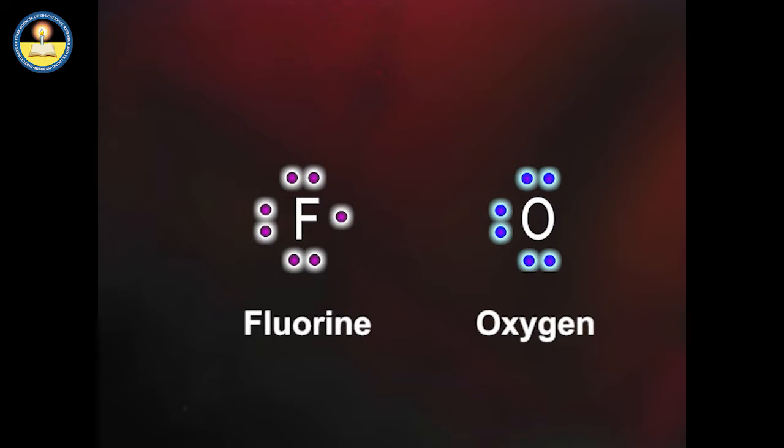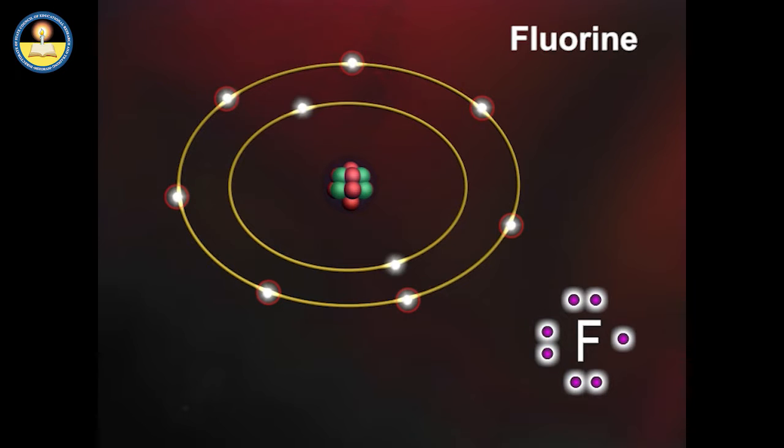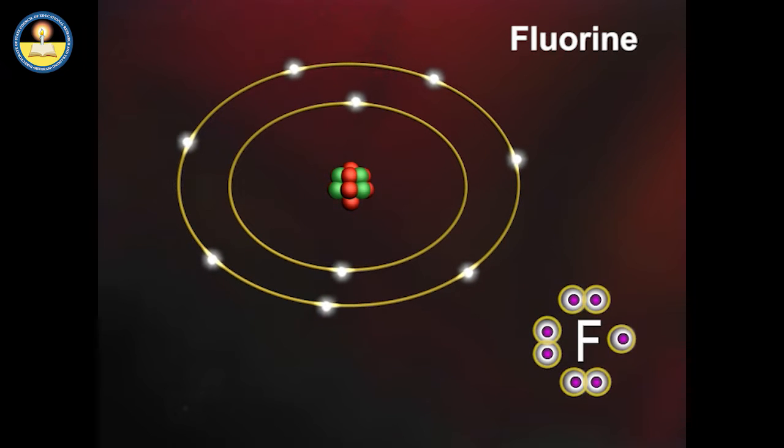Let us now try to represent fluorine and oxygen atoms by Lewis formulae. Fluorine has 7 electrons in its outermost shell, so it is shown with 7 dots around its symbol.